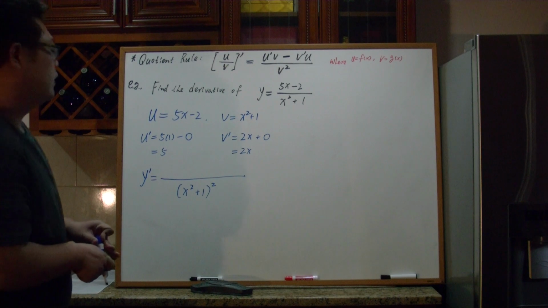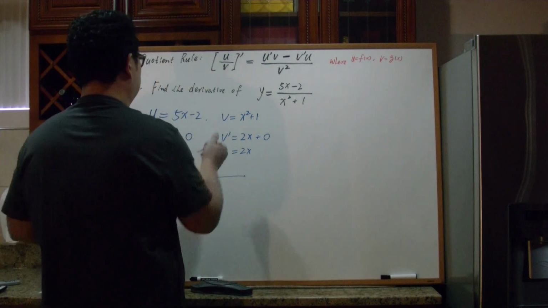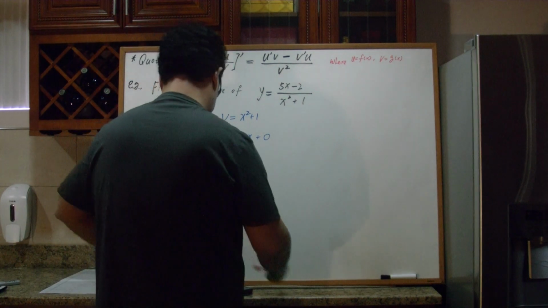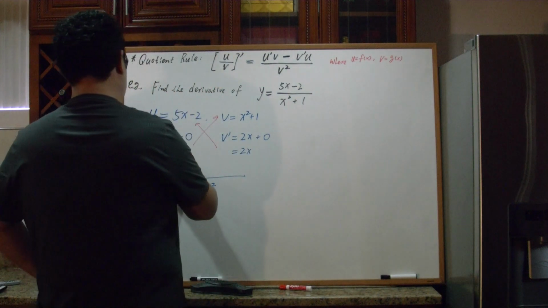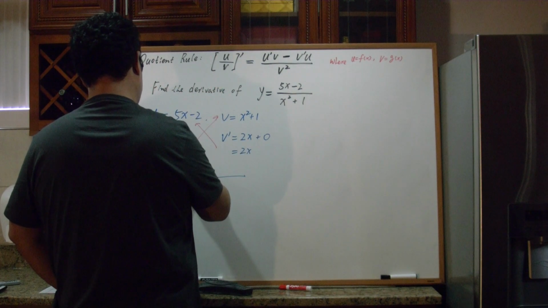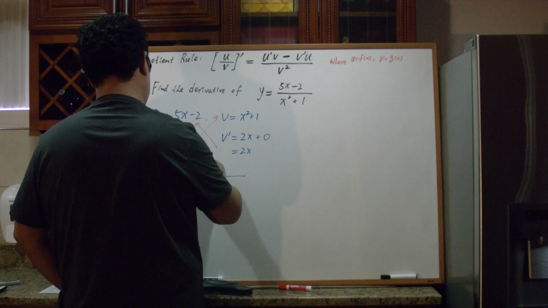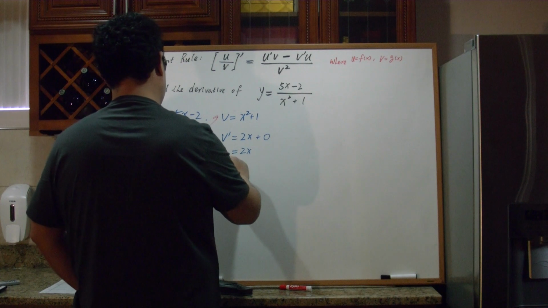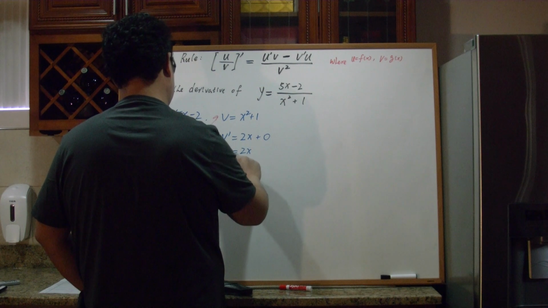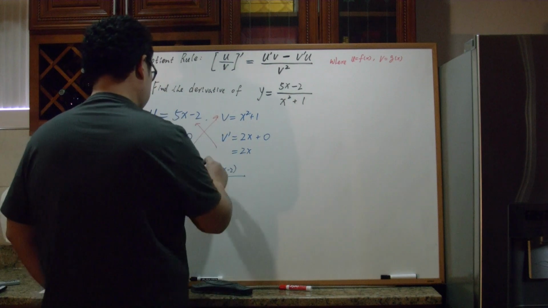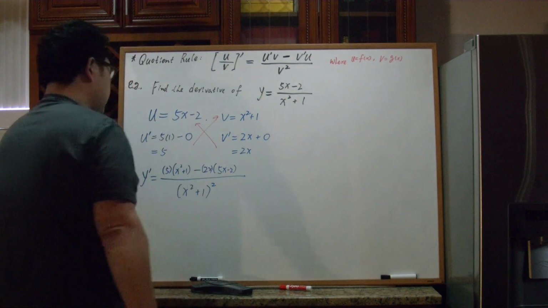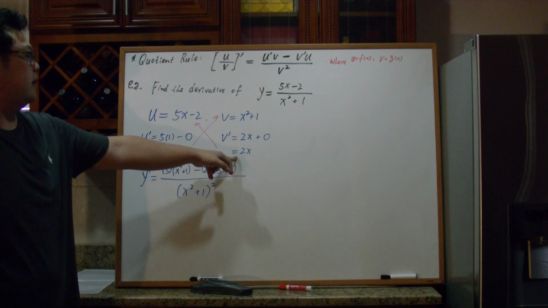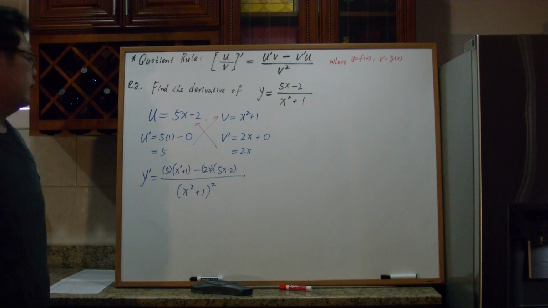The numerator has a little more things to do, right? u prime times v minus v prime times u. u prime is 5, v is x squared plus 1, minus v prime is 2x, and u is 5x minus 2. That we get u prime times v minus v prime times u, that expression.